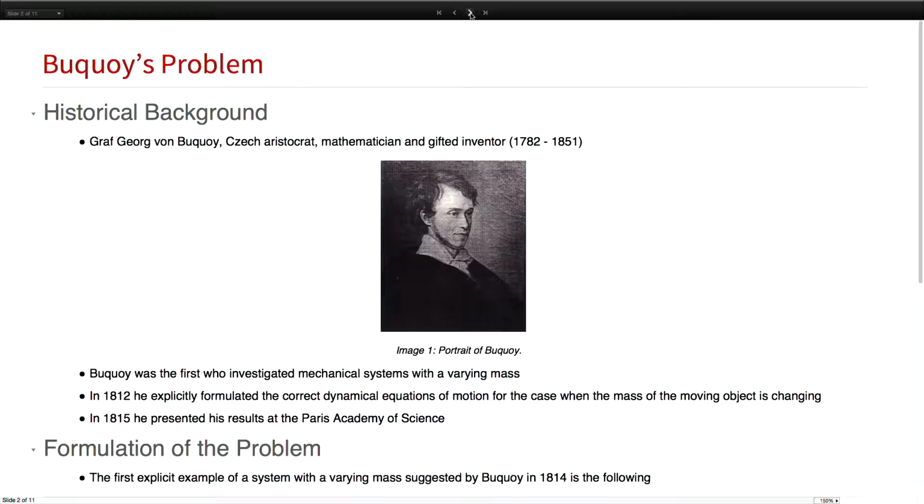In 1812, he explicitly formulated the correct dynamical equation of motion for the case when the mass of the moving object is changing. In 1815, he presented his result at the Paris Academy of Sciences to the leading scientists of the time, such as Laplace, Poisson, or Fourier. His ideas did not attract attention and soon became forgotten.